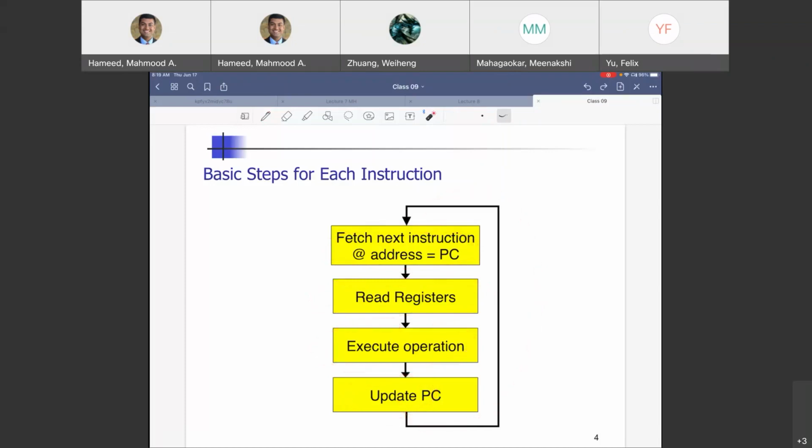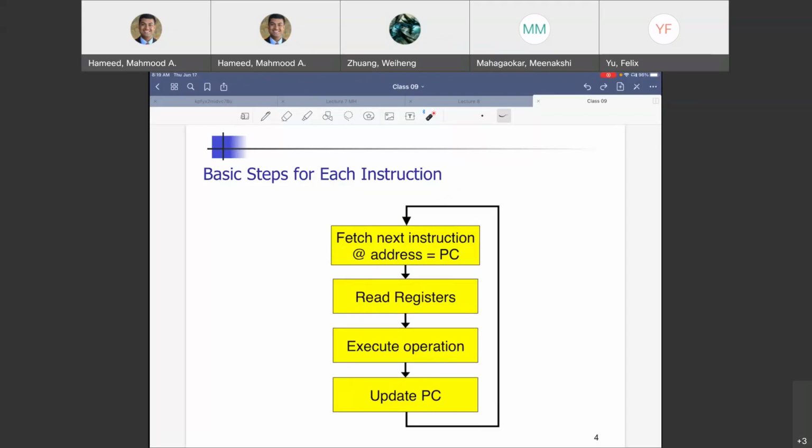Fetch the instruction, read the registers. Why? Because sometimes you will have 2 registers, sometimes you will have 3 registers. For example, the add instruction has 3 registers, but I don't read all 3 of them. How many do I read? I read 2 of them, which are my source registers, add the contents of the 2 registers, and then put the result back in my 3rd register, right?